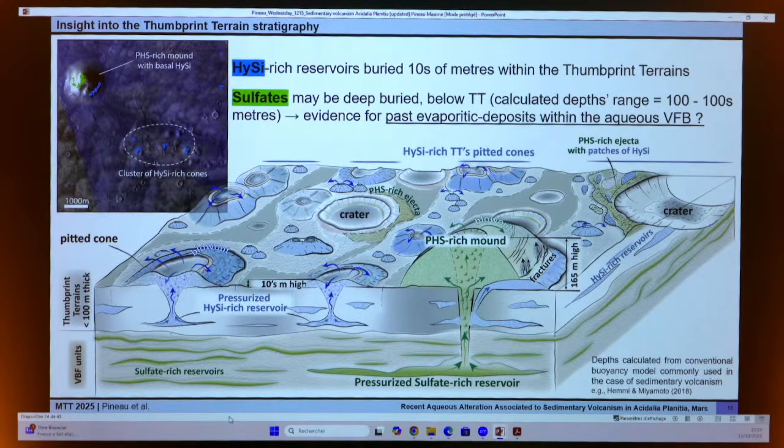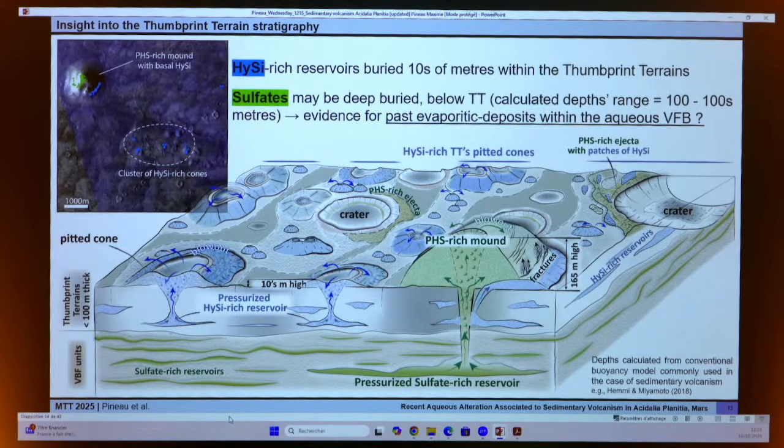They get compressed, remobilized, destabilized, and they migrate to the surface to form the pitted cones through sedimentary volcanism. And below, in green, we have sulfate-rich reservoirs that are buried several hundreds of meters deep below the temperate terrains. They also get compressed, remobilized, and so on. And they migrate to the surface across the temperate terrains to form the big sulfate-rich mounds that I showed you before.